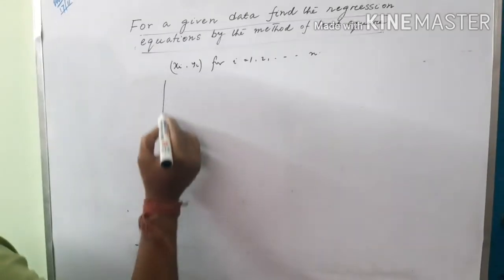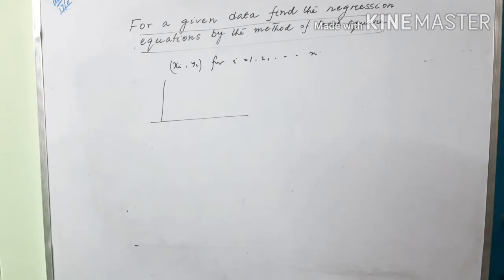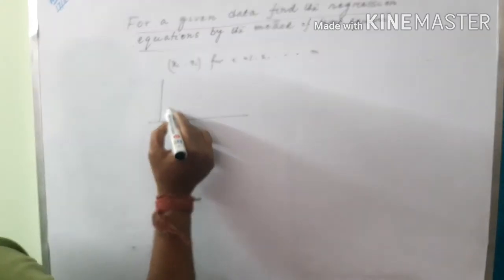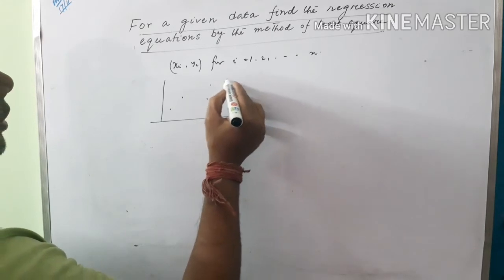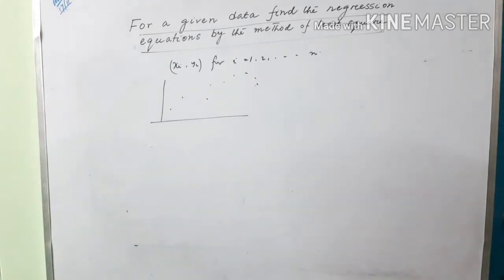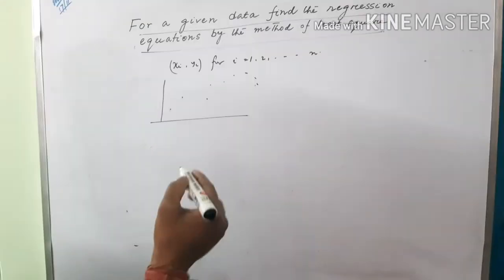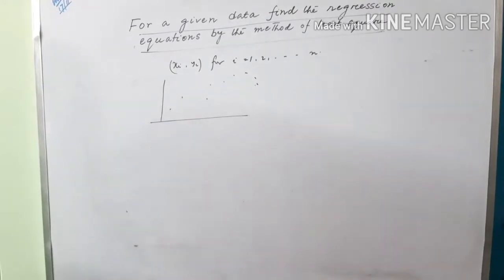First we plot this bivariate observation on a two-dimensional graph, that is for suppose x1 y1, x2 y2, x3 y3, dot dot like this, and through these plotted points we draw a graph, we fit a curve. Clear? Through these plotted points we fit a mathematical curve.